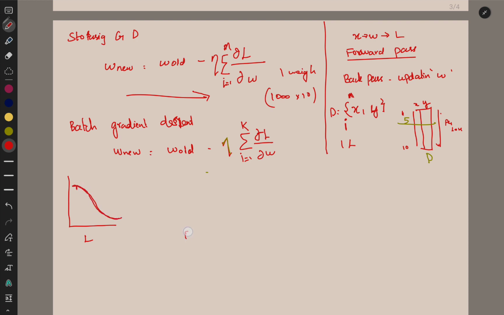But in batch gradient descent, the loss function will pick up here, and here, with some zigzag movement, and then it will smoothen out. Initially it will be zigzag, but it will smoothen out, and you can do the training in very less time, so time will be preserved.